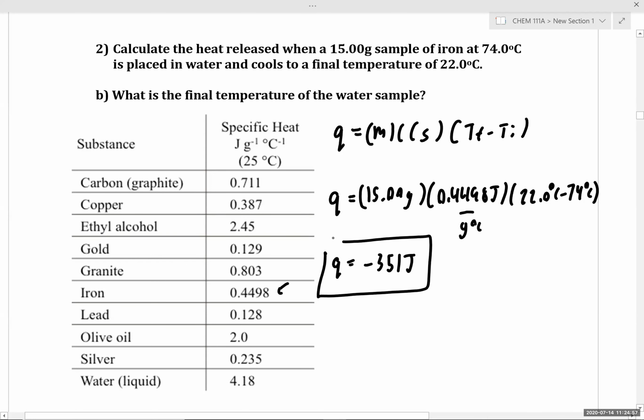So this is how much heat is released by our sample of metal into our water. And we know that the T final of water is the exact same as our metal, which is 22 degrees Celsius. Any questions on these examples?